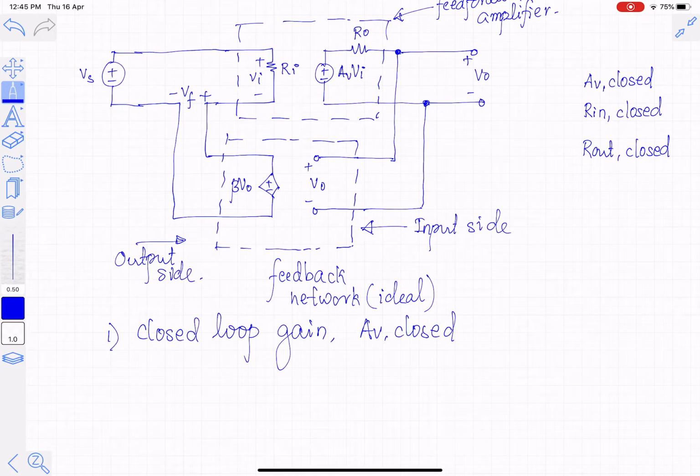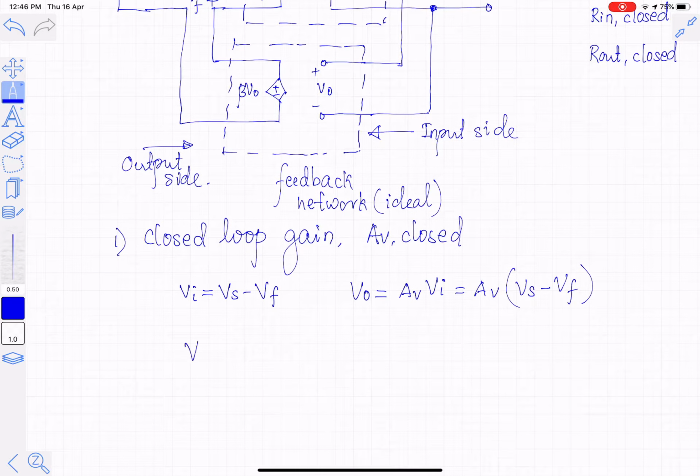From the figure, it is clear that Vi is equal to Vs minus Vf. Vo is equal to AV into Vi, so it is AV, and Vi is given by Vs minus Vf.